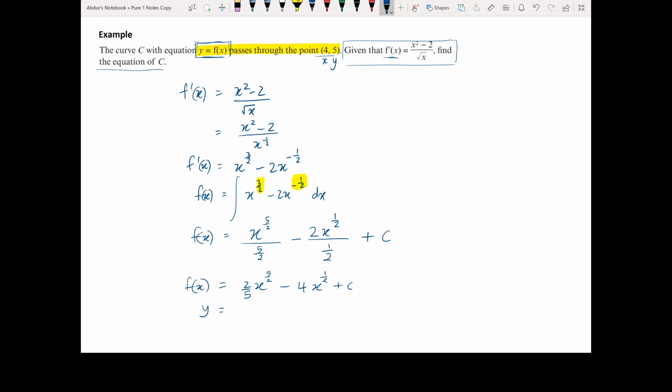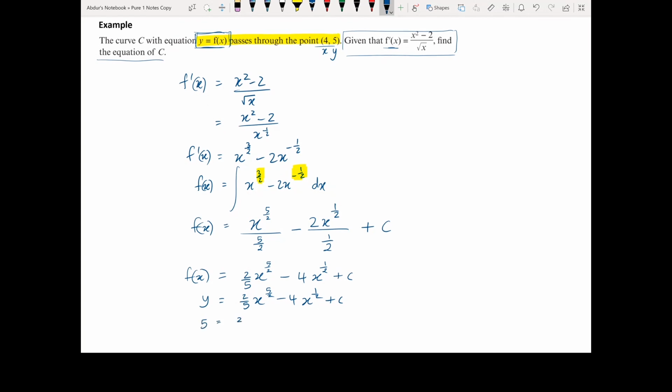2/5 x to the power of 5 over 2 minus 4 x to the power of a half plus c. Substitute our coordinates x and y in to find out what this constant of integration is. So the y value is 5, which is equal to 2 over 5. The x value is 4, so 4 to the power of 5 over 2 minus 4 to the power of a half plus c.